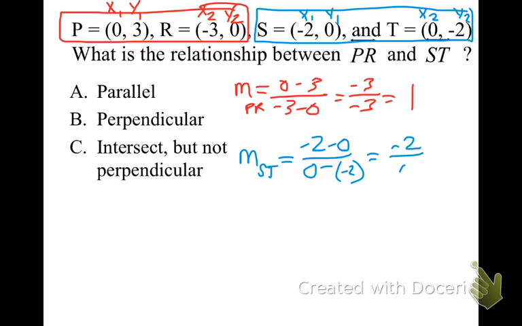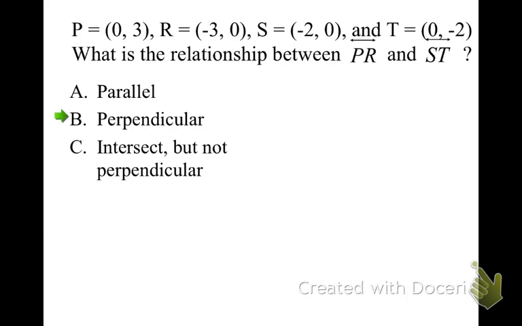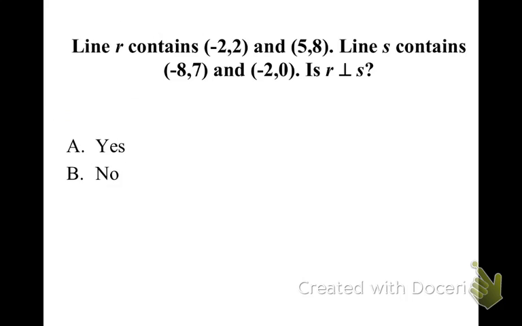That's a -2 over +2, which is actually a slope of -1. Comparing their slopes here and here, this is a +1, this is a -1, they're opposites. And one is its own reciprocal, so they are also reciprocals. Opposite reciprocal slopes tell us perpendicular lines.